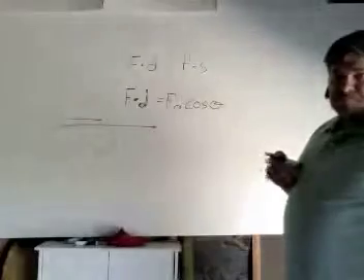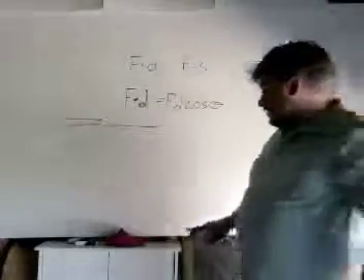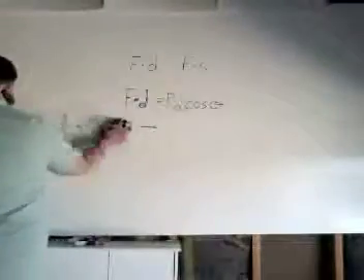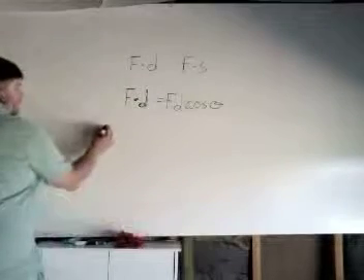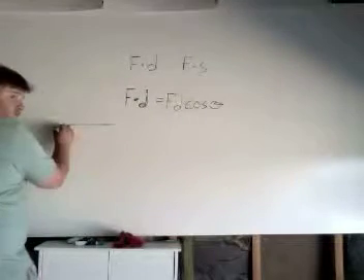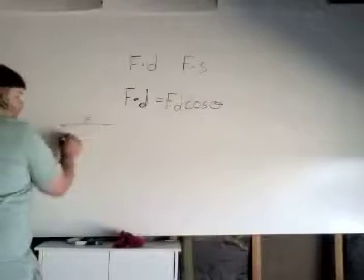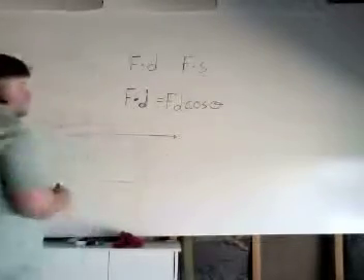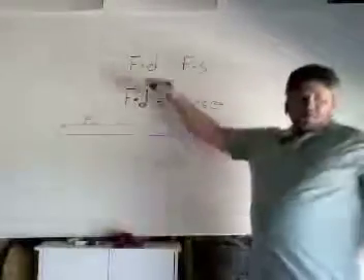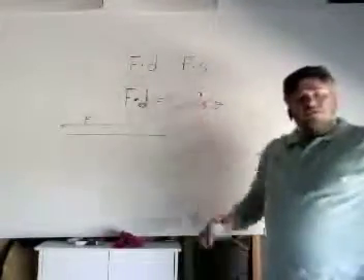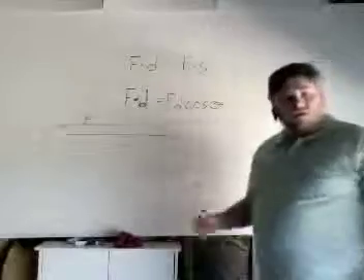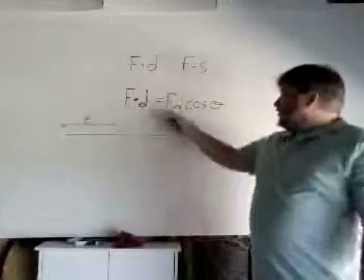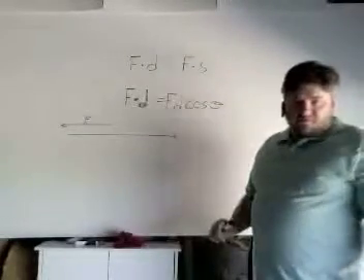It also means something else. That if you go with a force in this direction and a displacement in this direction, you get a negative work. The difference between those two vectors is 180 degrees. The cosine of 180 is negative 1. So that would end up with negative force times distance.